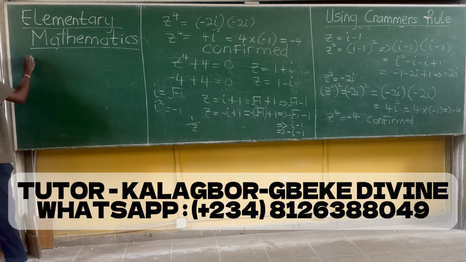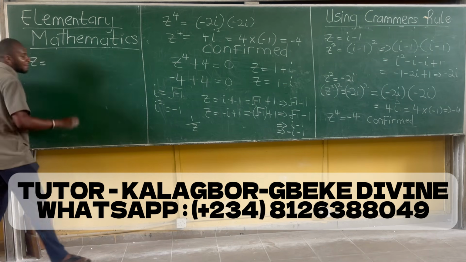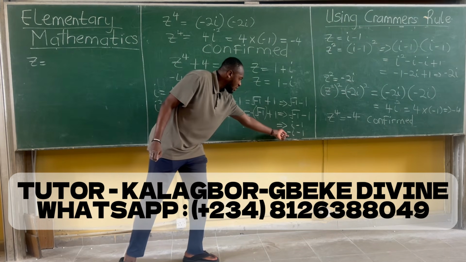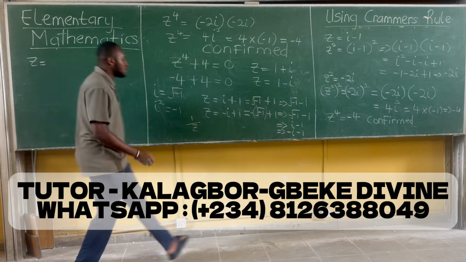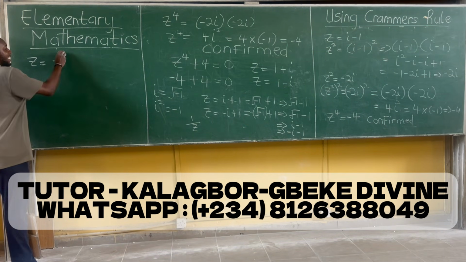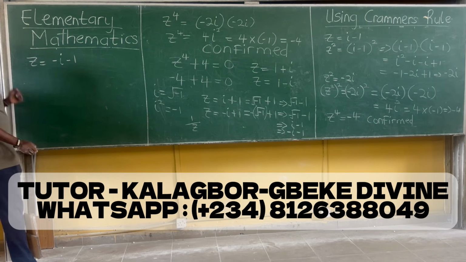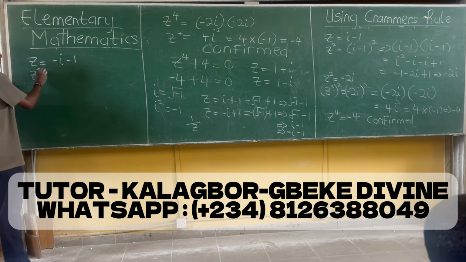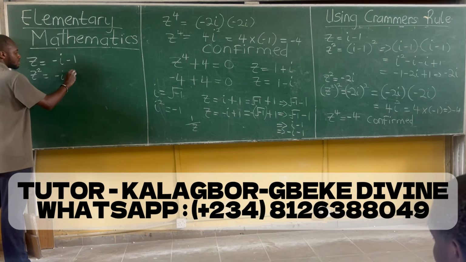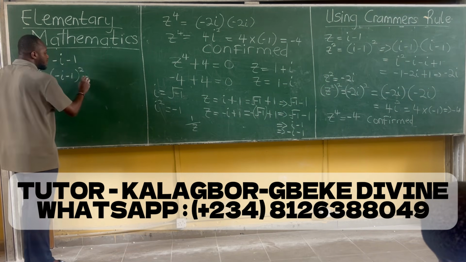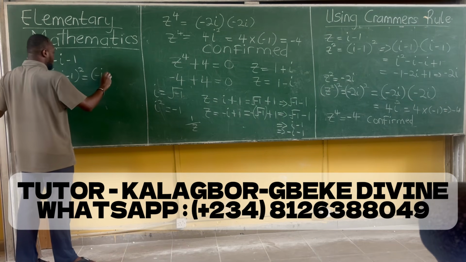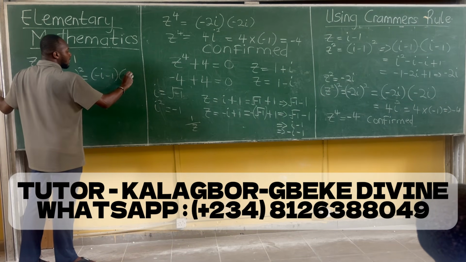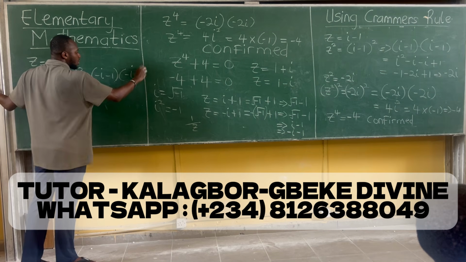So let's go. We have found out that another equation, z equals minus i minus 1, right? So let's confirm. Square it first. We square both sides, so this will be equal to minus i minus 1 times minus i minus 1.